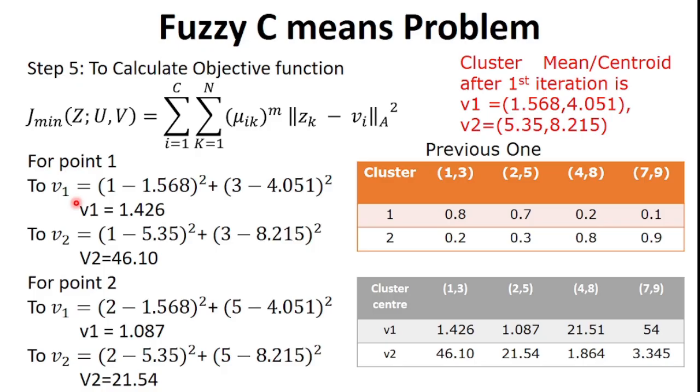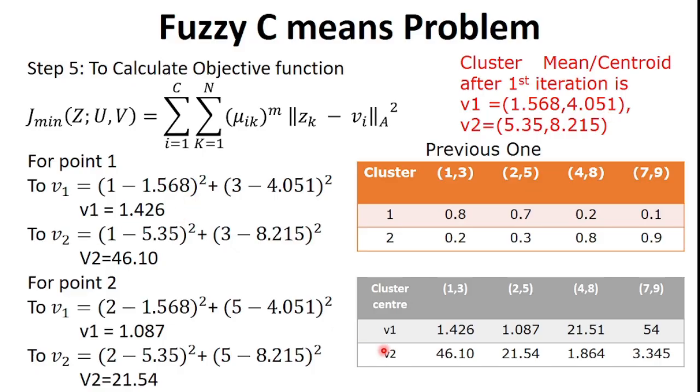So V1 is equal to, Zk is nothing but your data point's first x value, 1, minus V1's first value, 1.568, the whole square, plus the second value, 3 minus 4.015051, the whole square. If you simplify, you will get 1.426.